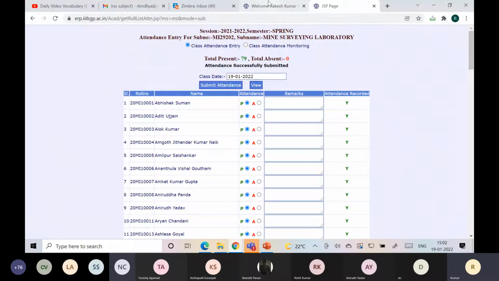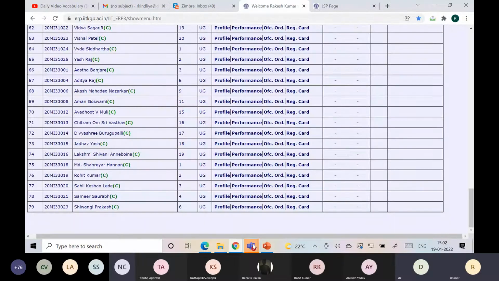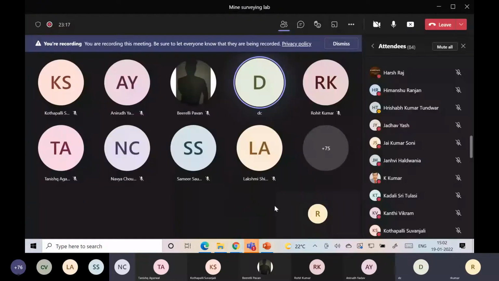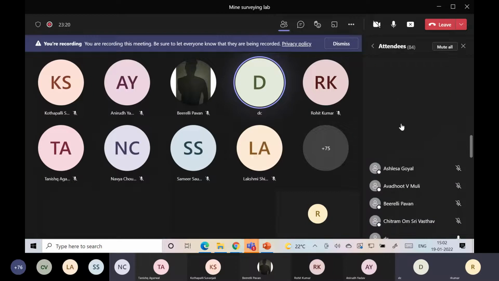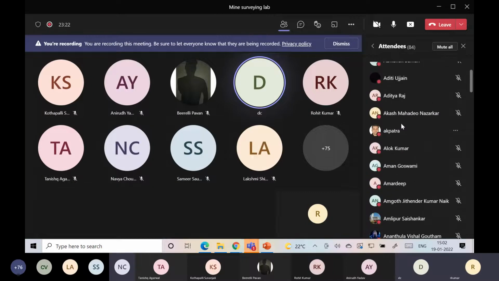Yes. Okay, so in today's lab we will use chain surveying and chain-based traversing with the help of a prismatic compass, and also chains, engineering metric chains and non-metric chains.